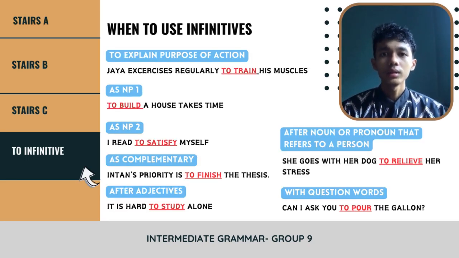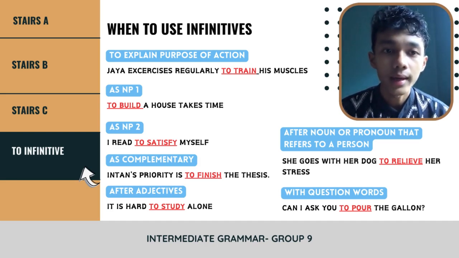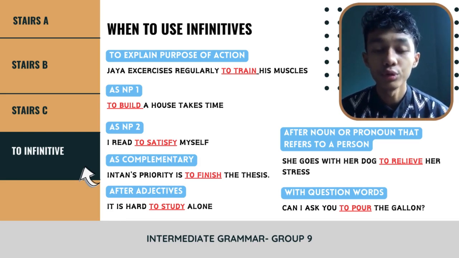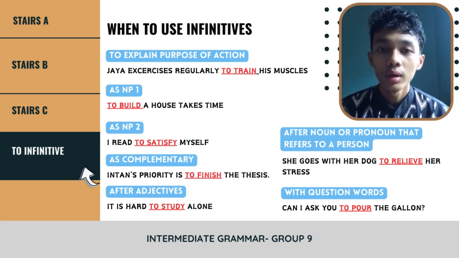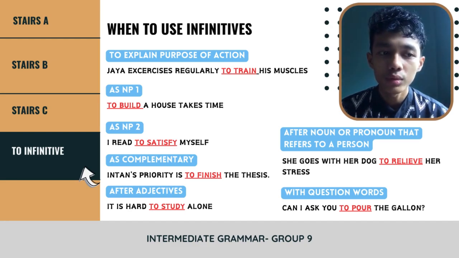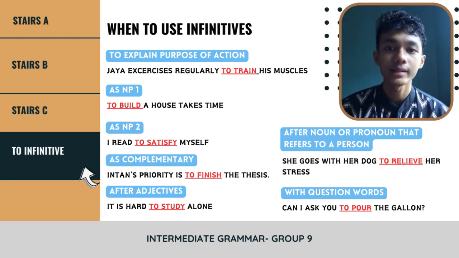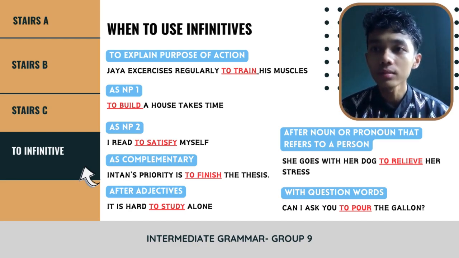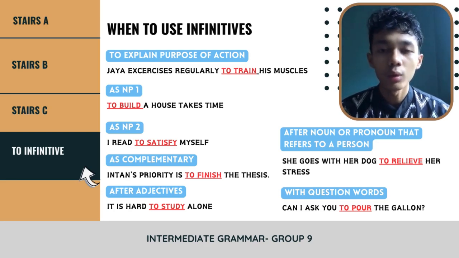And now you may be confused on how to see and how to use infinitives. So here are some spots that you could analyze when you read or when you create a sentence, of when to use infinitives and where infinitives usually come up.